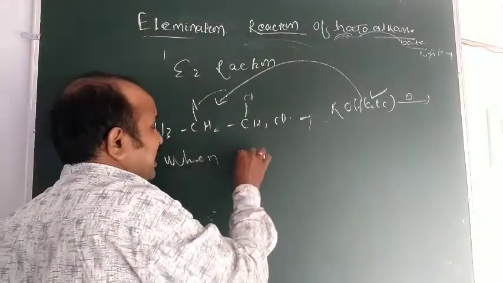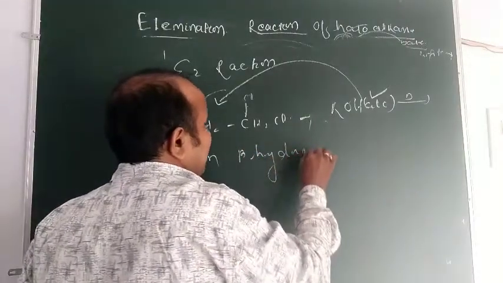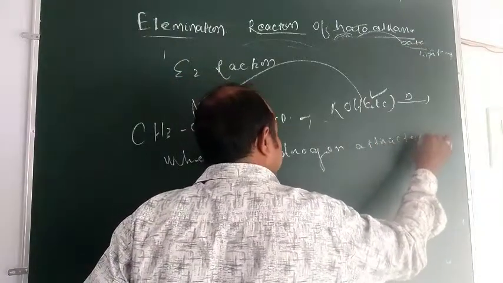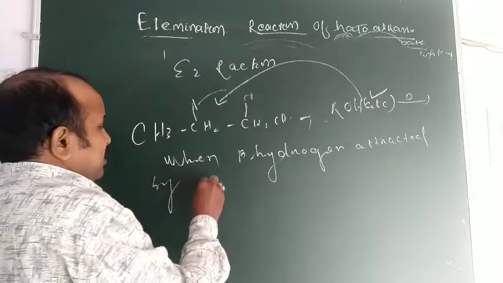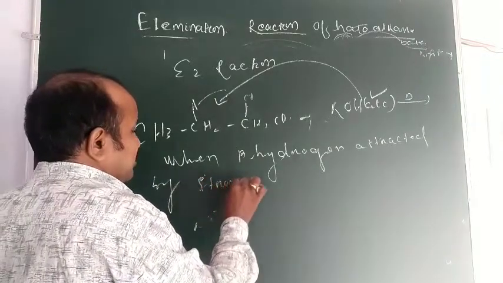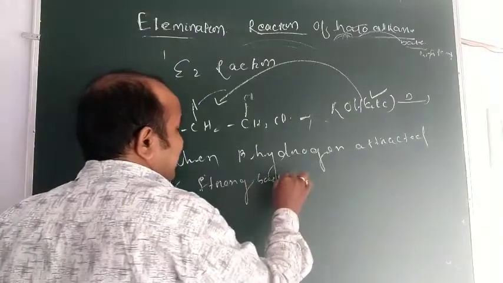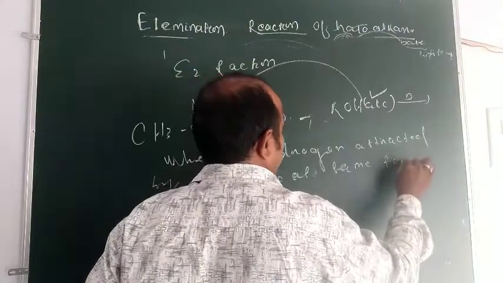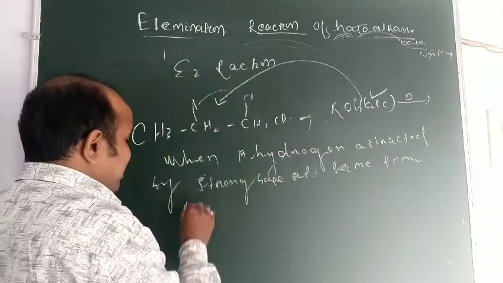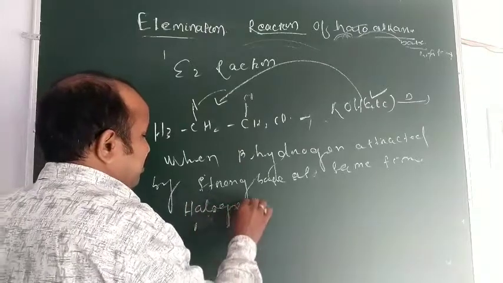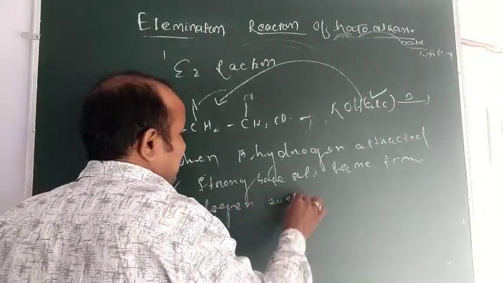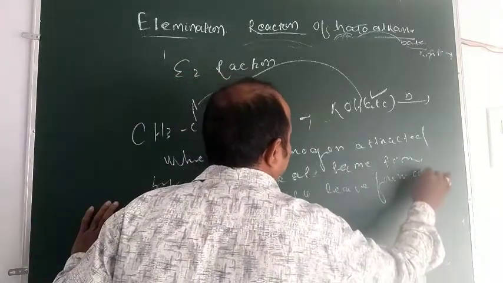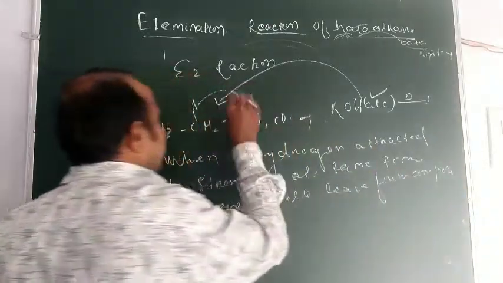When the beta hydrogen is attracted by a strong base, at the same time the halogen will leave from the compound and that will make the double bond.